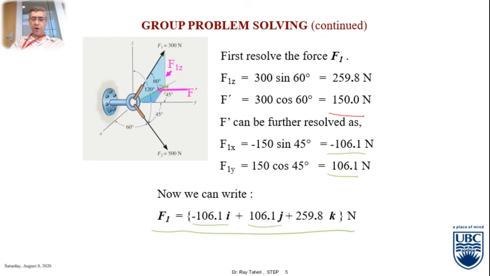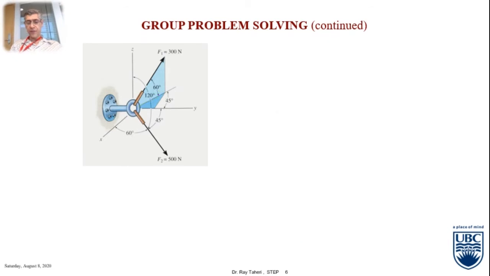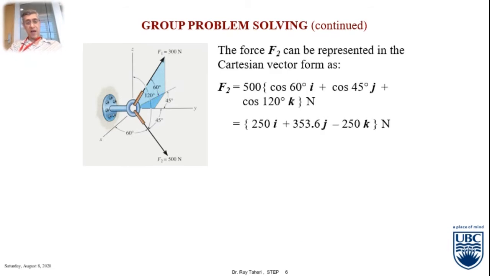So negative, positive, positive. Very much the same way that we did. So we have cosine of alpha i plus cosine of beta j plus cosine of gamma k. In this case, they're all given here. And multiply, this is the unit vector of vector F2 multiplied by its length or magnitude.